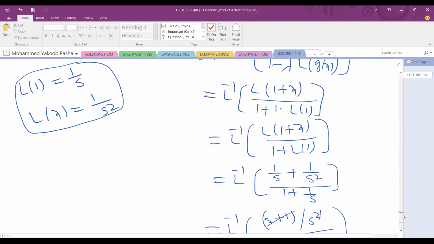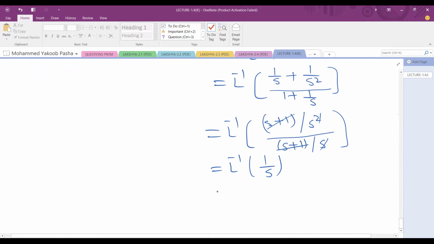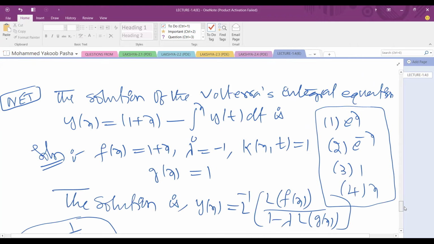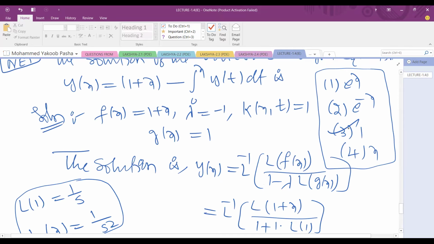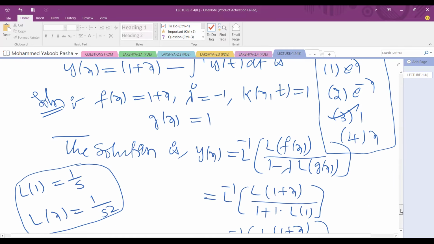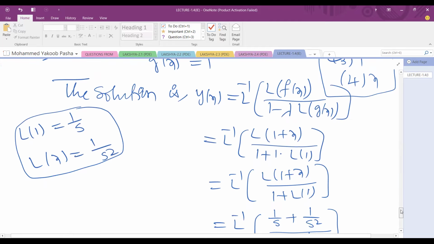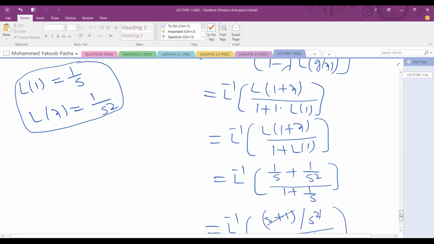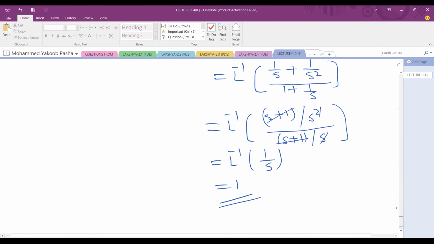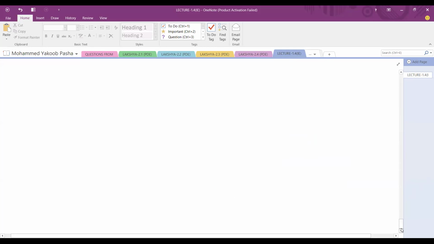So L inverse of 1 by s is equal to 1. Okay, so this is the solution. So what is the right answer? The third option is the right answer. Clear? Yes. Does anyone have a question? Yes, sir, clear. Okay. Don't get confused with the formulas. After seeing the list of formulas, it becomes very easy.